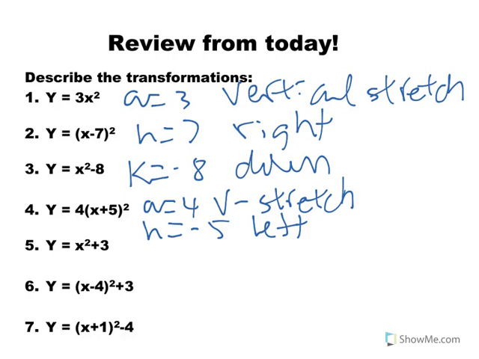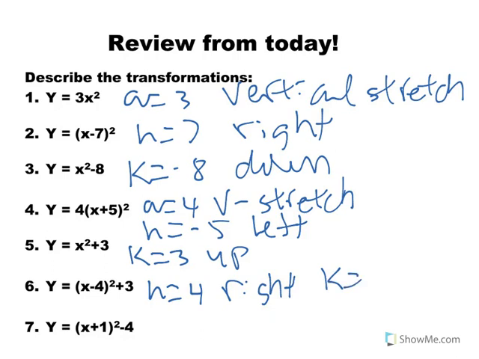Right? And number 5, k is 3, so the graph goes up, and h is 4, so we're going to the right, and k is 3, so the graph goes up.